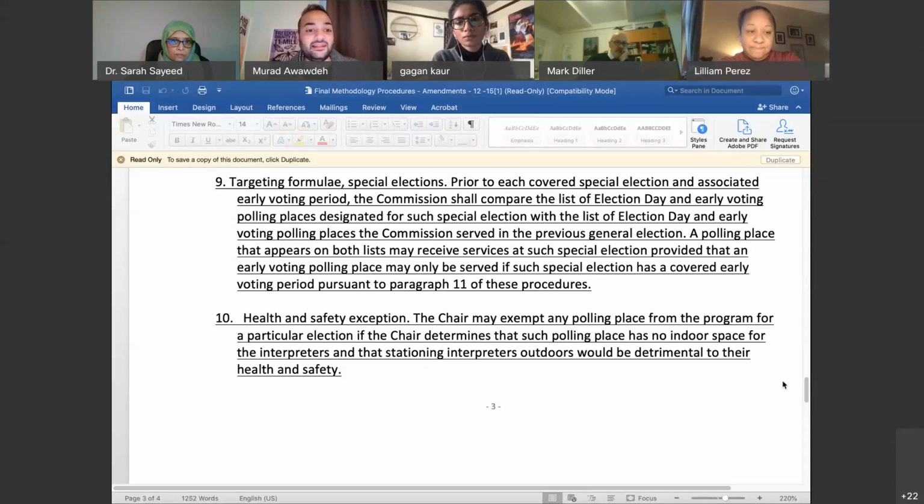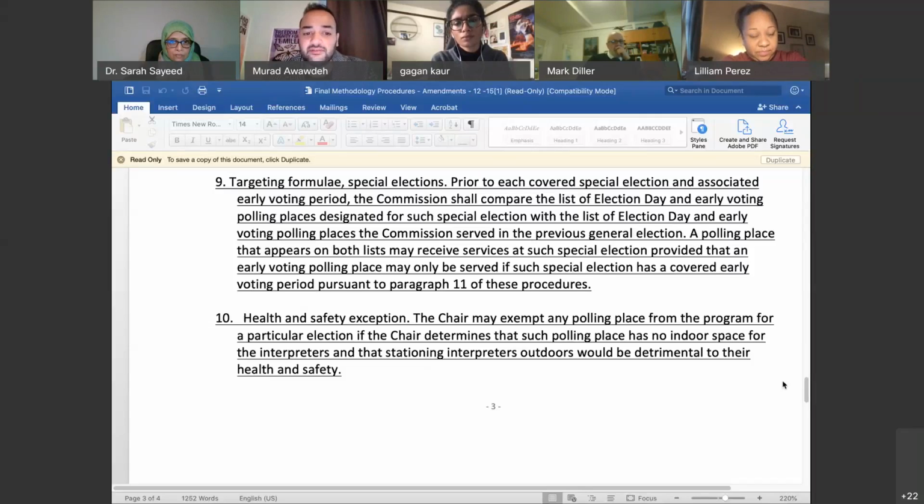And the last piece I'll say here is we should definitely not use any previous election as a standard bearer in how you determine how you provide services down the road, because that's just not a tangible way of assessing where need is and where it isn't.